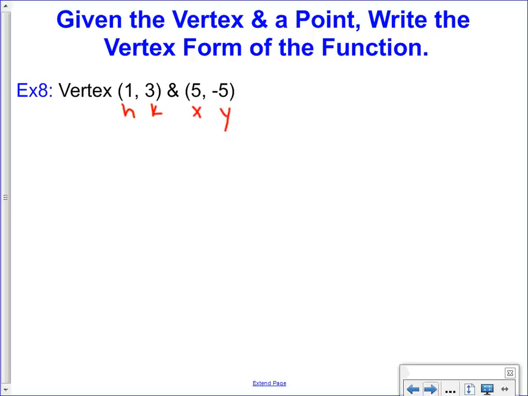The y is negative 5. A we don't have. We do have x, so 5 minus 1. Don't forget the squared. That makes it quadratic. Plus 3.